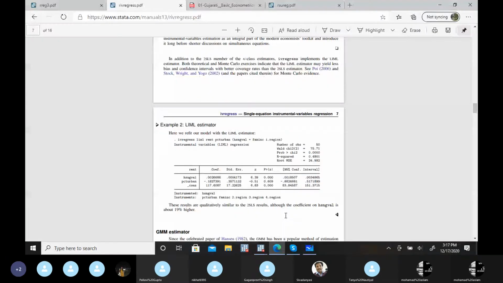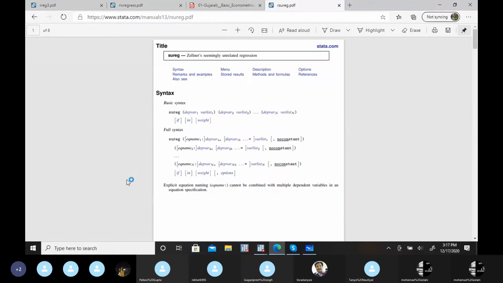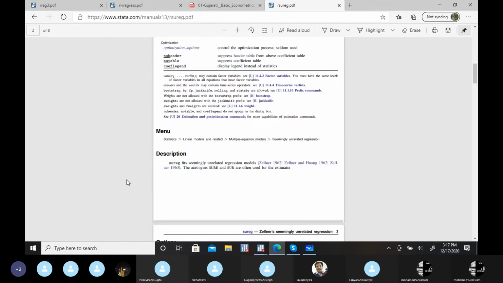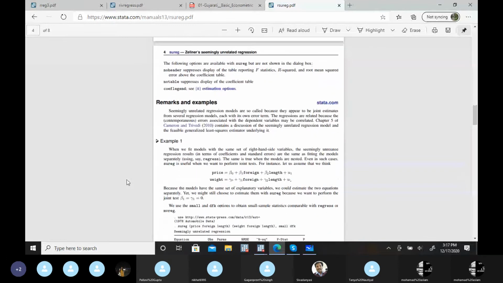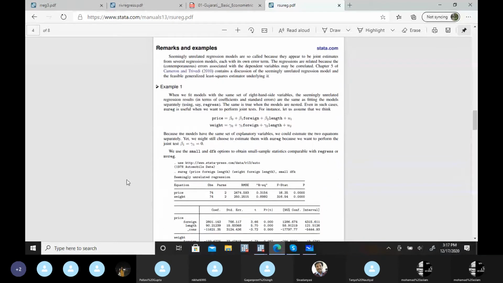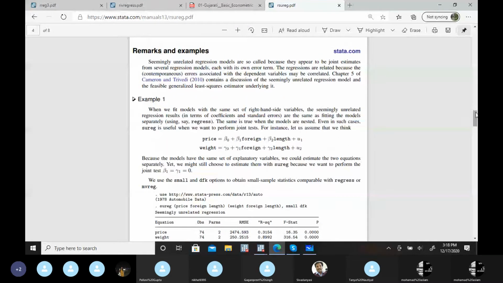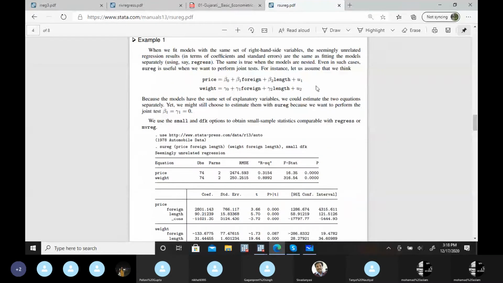First, I'll take Zellner's seemingly unrelated regression. Now, the most common thing about this method is that you have simultaneous equations of such a nature where the independent variables are common, and only the dependent variable is changing.